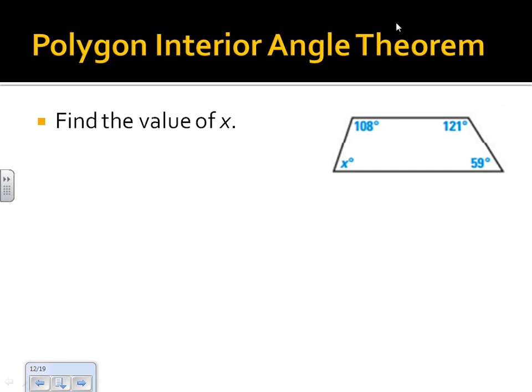All right, now, sometimes we have to find out what x is, okay? So sometimes we have to find out what x is. Well, this is a two-part problem. So the first part, step one, is find the total, or find the sum of the interior angles.